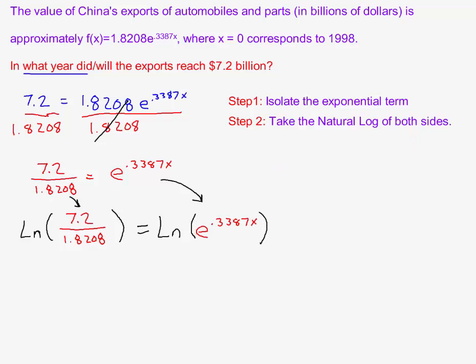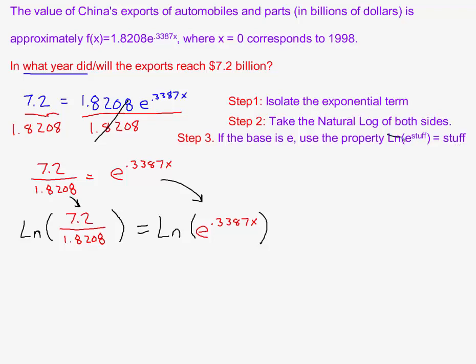So now I'm on to step 3. Step 3 says if the base is e, which it is, this is a base e exponential. It started out as e from the beginning of the problem. To see what you'd do if the base wasn't e, refer to one of my other videos. But for this problem, the base is e, so this says if the base is e, use the property that the ln of e to stuff is always going to be able to be simplified down to be just the stuff.